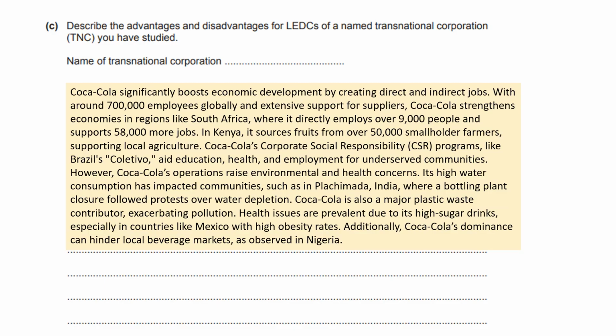So you see plastic pollution, health issues, and the rest. So you can just read through it and take down notes, summarize it. So if you get a question like this and you structure your answer in this format, you definitely get your 7 marks.